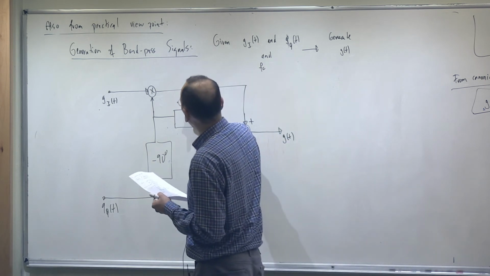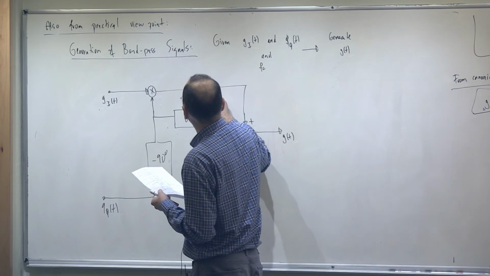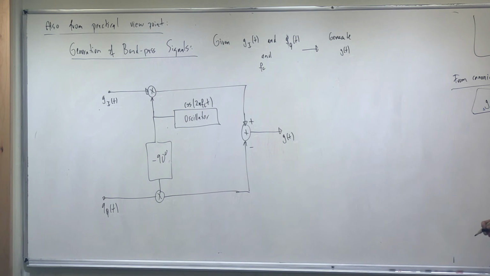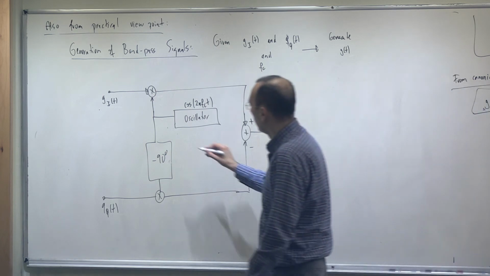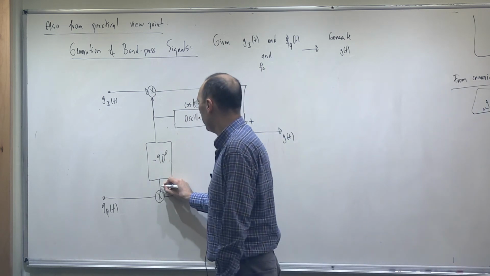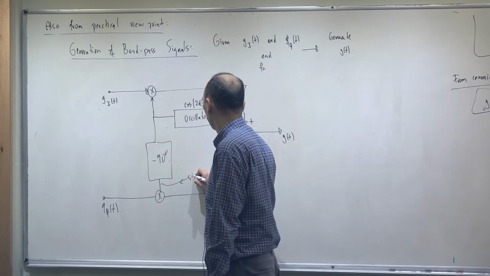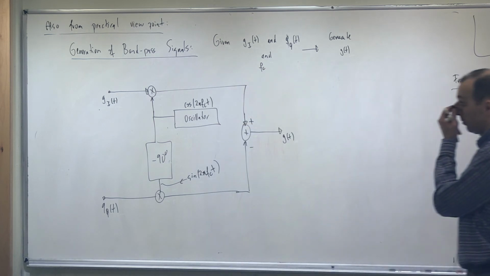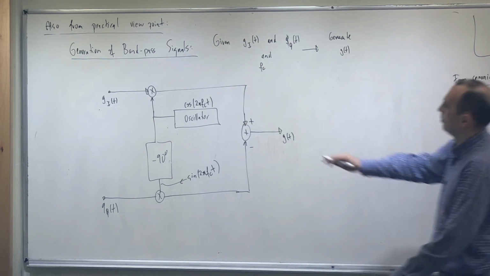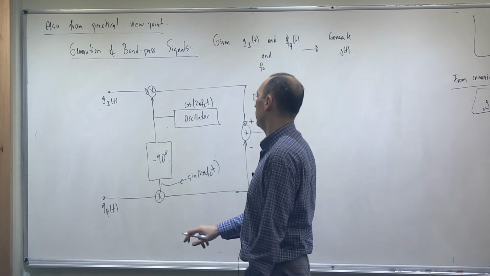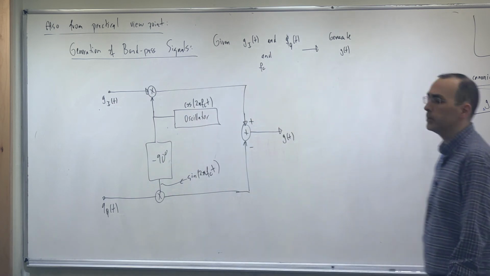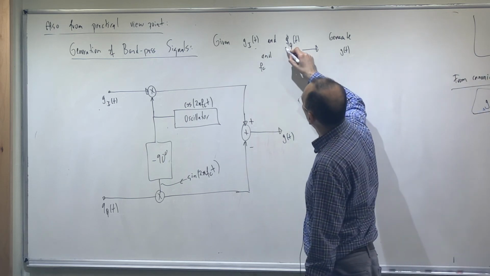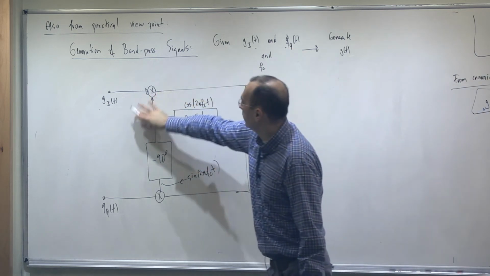So this oscillator, let's assume that it generates a cosine with this frequency, cosine 2 pi fc t. There is this phase shifter by 90 degrees, and this part becomes sine 2 pi fc t. So whatever this phase is, subtract 90 degrees, cosine becomes sine. That is it. Now, given this, and that, and fc, I can construct this.